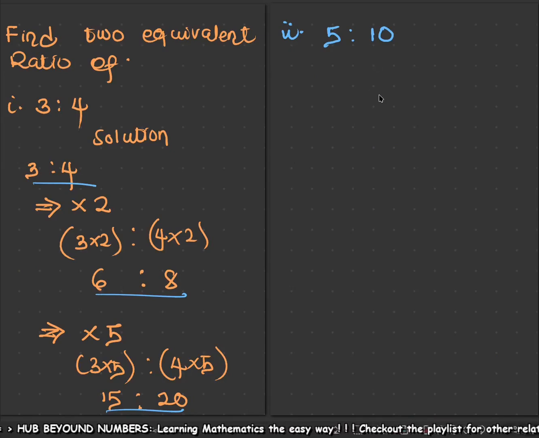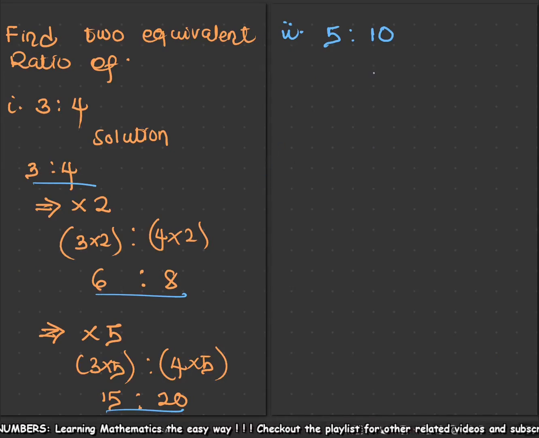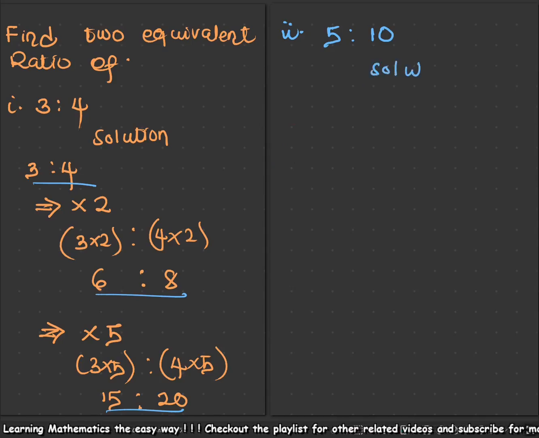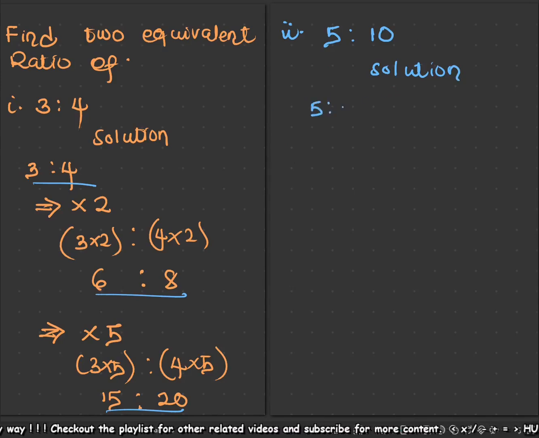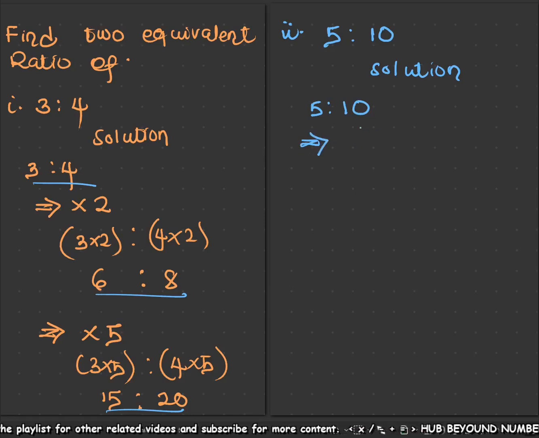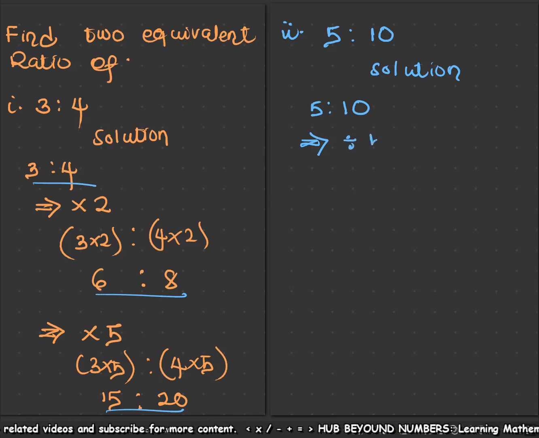So with the same preamble, let's find two equivalent ratios for 5 is to 10. Apart from multiplying, you can choose to divide as well. So this time around, let's divide for one and then multiply for the other. Our ratio was 5 is to 10. Let's choose to divide by, let me say, 5.